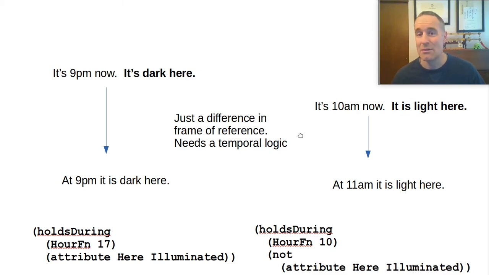That's a contradiction. But that's not really what's being said. This is more of a linguistic issue. If we re-encode it and say at 9 p.m. it's dark here, and at 11 a.m. it's light here, then we don't have a contradiction. We just have an obvious statement about daylight and the time.